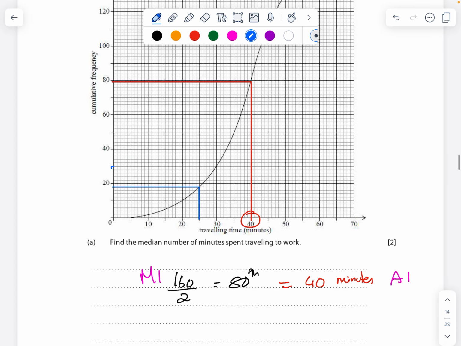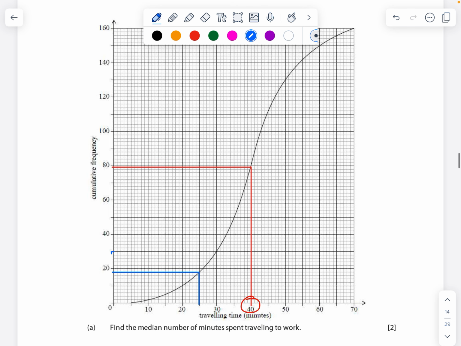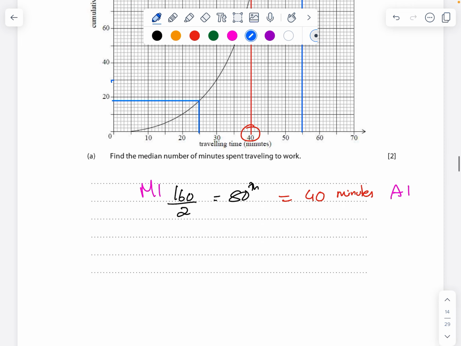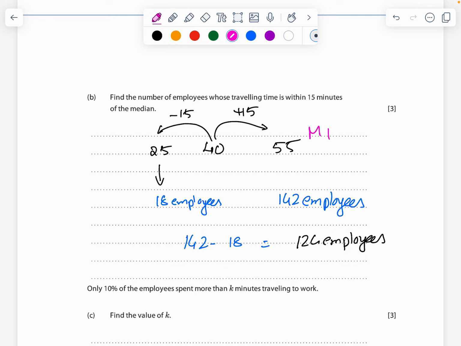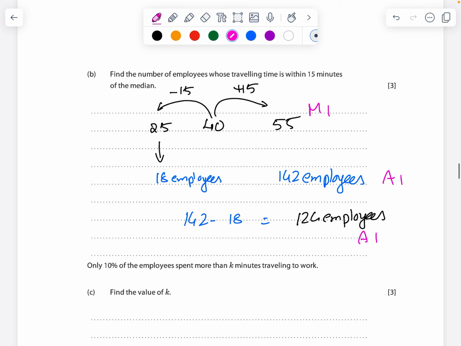Then from 55, I draw the line, hit the graph and drop it down, it becomes 142 employees. So it is 142 minus 18, which is 124 employees, the answer. So this is my method 1 mark. This is accuracy 1 mark, accuracy 1 mark.